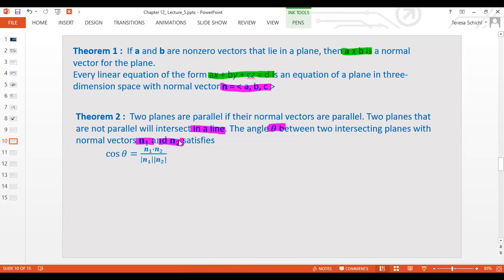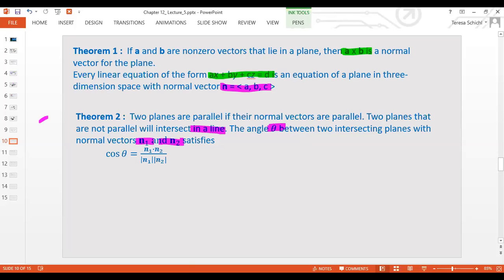In real life, if you do a demonstration, putting one plane with a normal vector and another plane with a normal vector, then when you intersect those planes, you will see the normal vectors form the same angle as the planes form.